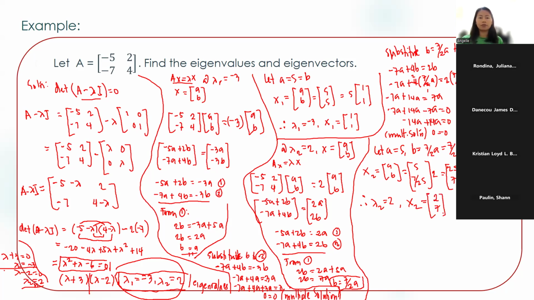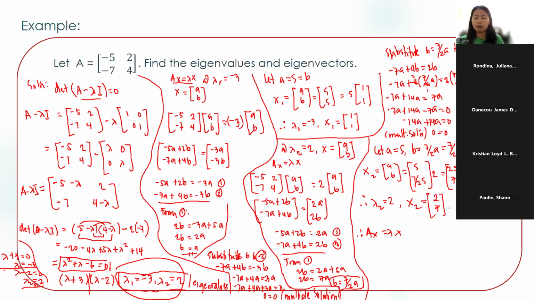If you want to check if your eigenvalues and eigenvectors are correct, you can use this Ax equals lambda x. Substitute, of course, for each corresponding eigenvector and eigenvalue, make sure that you use the corresponding eigenvector in this equation so that you get the correct answer. Okay, you can check if you want, so you can see if it is correct or not.